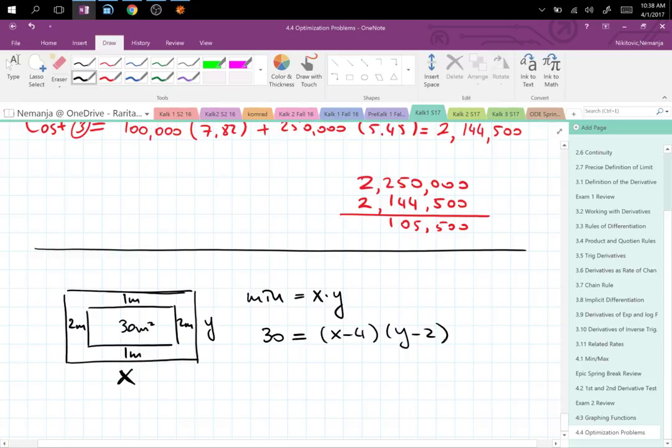When you look at the picture, if this is x, then this side over here is x minus 4, because you have 2 taken from each side. So the inner area is a times b, where a is x minus 4 and b is y minus 2. So you solve for either x or y, plug into the other, take the derivative and you're done.